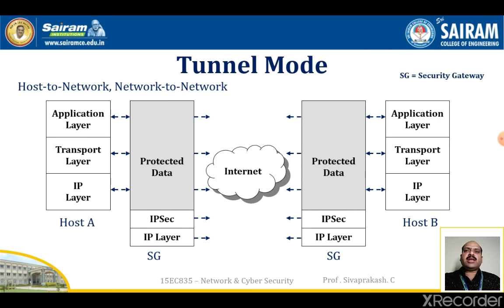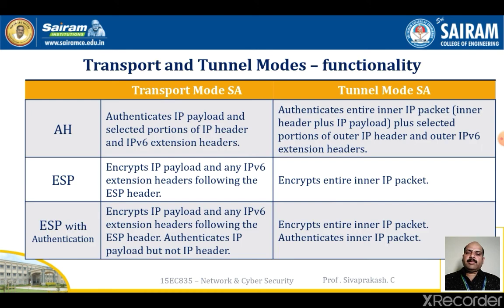ESP in this tunnel mode encrypts and optionally authenticates the entire IP packet, including the inner IP address. AH in tunnel mode authenticates the entire IP packet and selected portions of the outer IP header. Let us see the functionality of tunnel and transport mode.